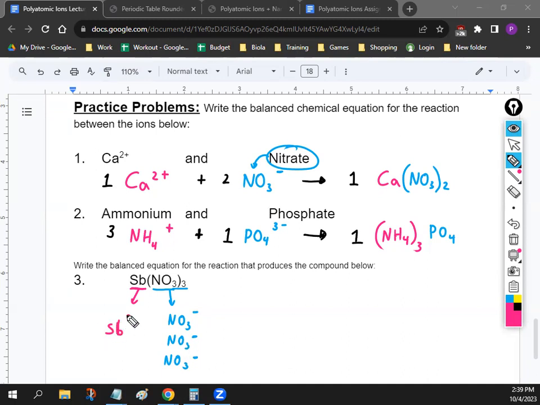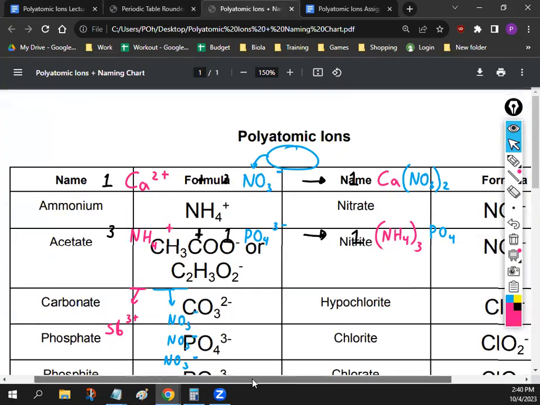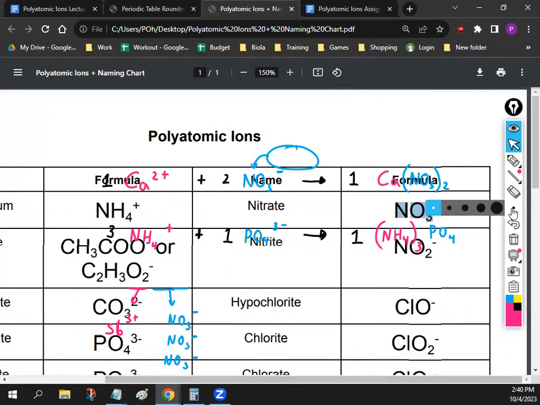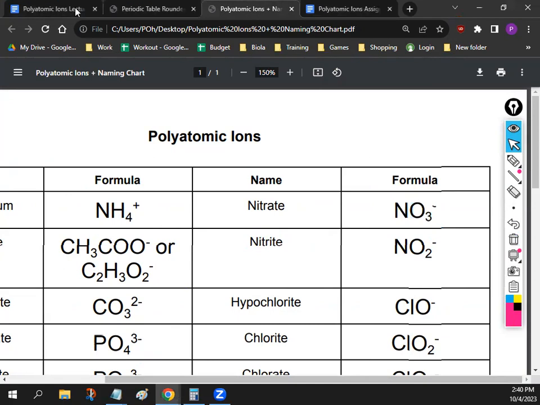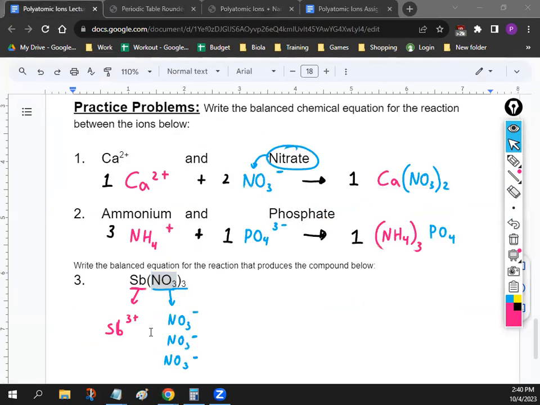So that means Sb has to be +3 in order to balance out these nitrates right here. So again, you want to start with the polyatomics. It's nitrate. It's -1. And if you're confused where we got nitrate, nitrate is right here in the chart. NO3 minus. Okay, the chart that I gave you. And they're -1 each. So Sb needs to be +3 to balance it out.